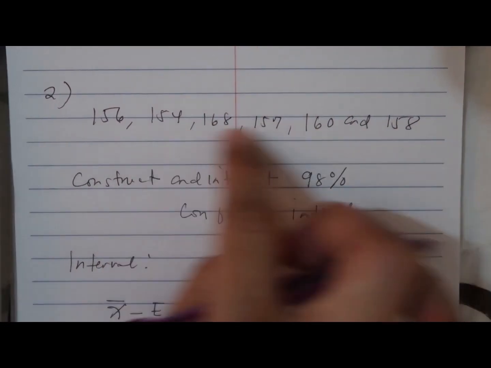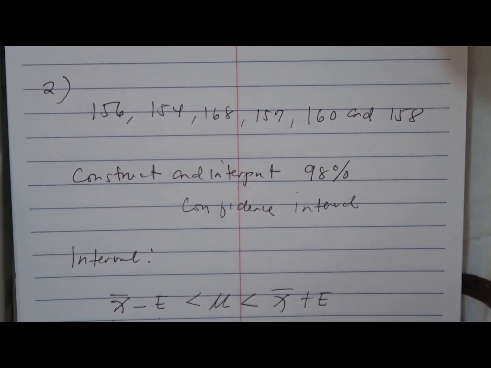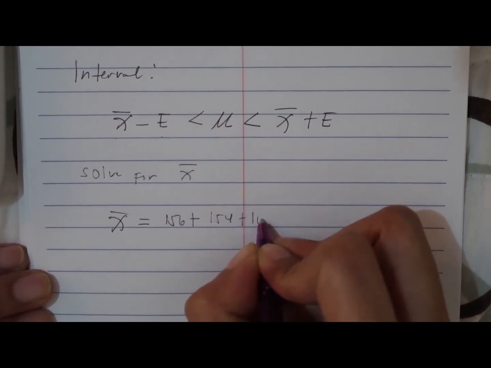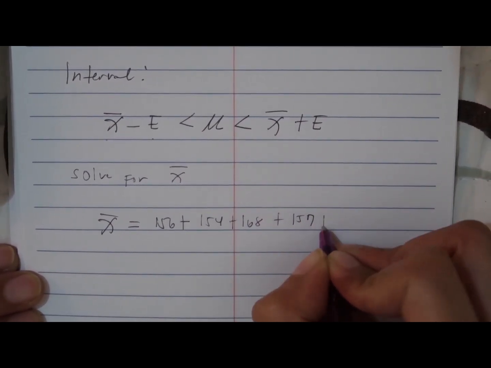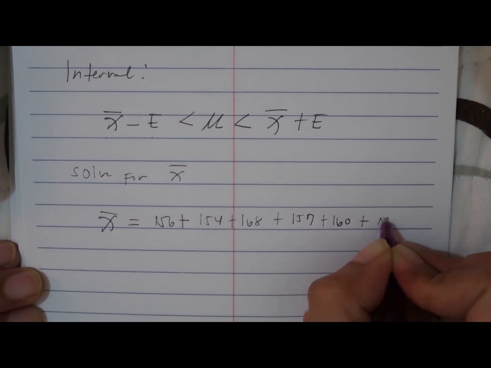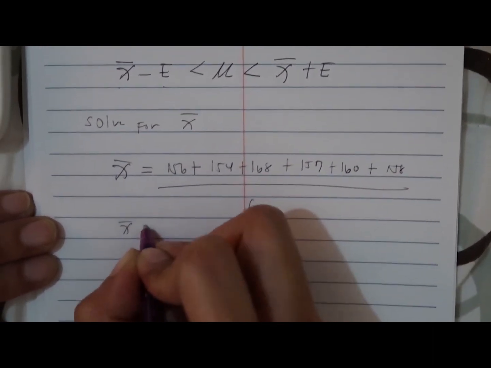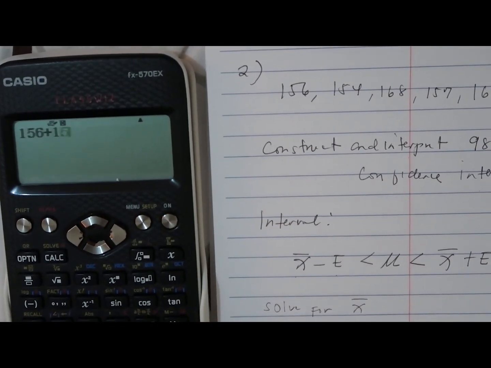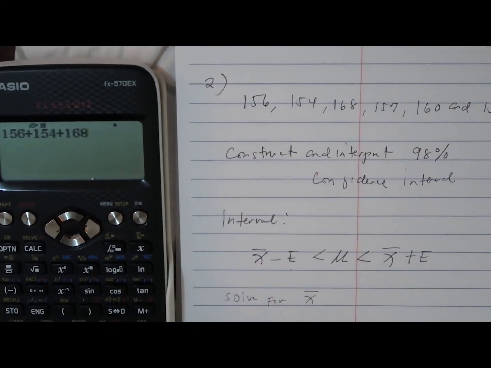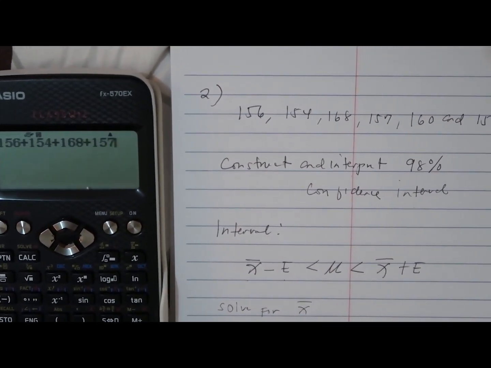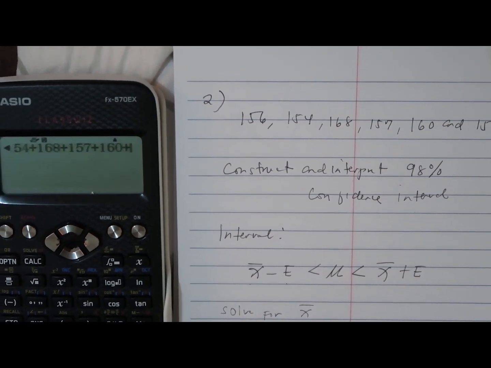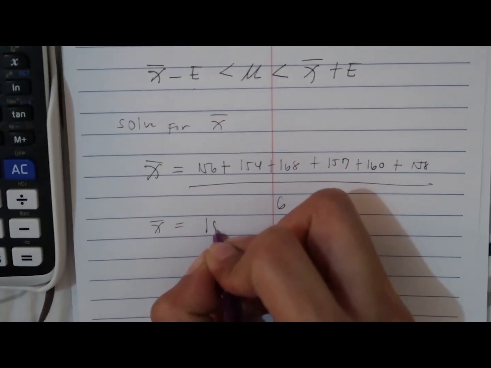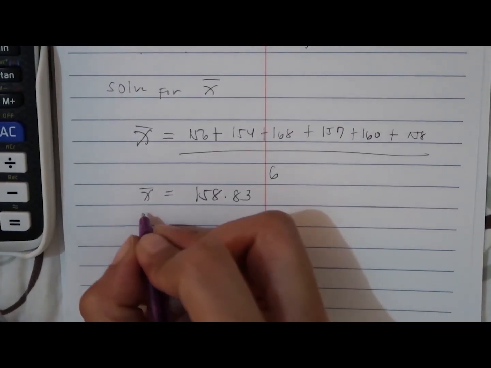Just get the summation and then divide by 6, since 6, according to the problem, is the sample. So you do have 156 plus 154 plus 168 plus 157 plus 160 plus 158 divided by 6. So you get your calculator and then you add them up, divided by 6. So you do have 158.83. So that is your sample mean.